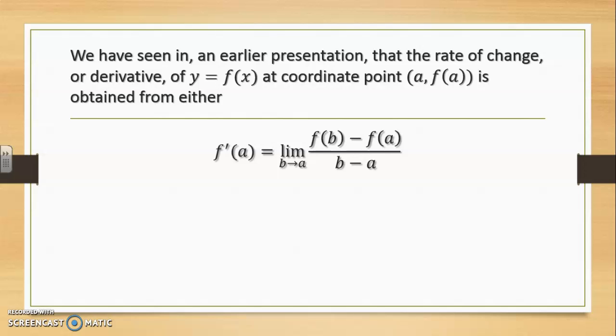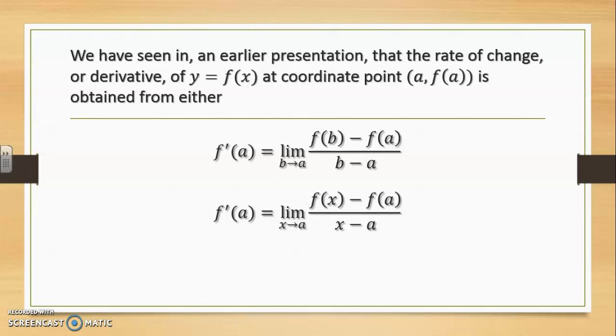If it were not for the limit, this ratio would be the slope of a secant line through two distinct points. So if you remember, the limit process brings the points closer and closer together, making what used to be a secant line become eventually a tangent line, and the derivative measures the slope of that tangent line.